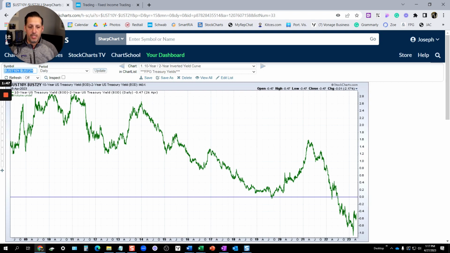The curve went inverted at the beginning of 22, then kind of reversed itself, and then ever since about the summer of last year, it's been inverted. The only other time in the last 5 years that it was inverted was halfway through 2019. So when you hear the curve is inverted, or you're getting paid more for shorter term debt, that's exactly what they're talking about.